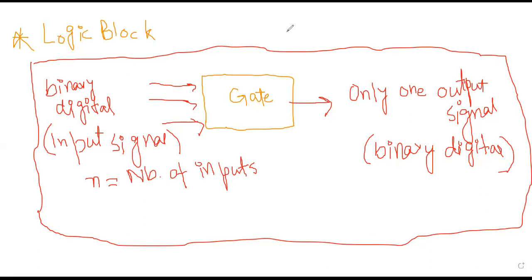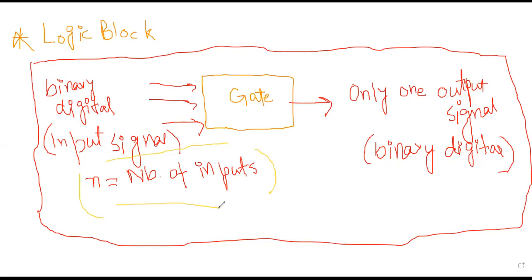This is done by changing the number of input signals. So the number of input signals is the most important parameter in my gates. The complexity of a gate depends on the inputs, so we must have a close look at the input signals. This is the logic block of my gate.